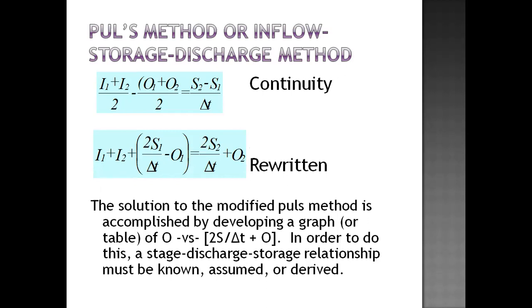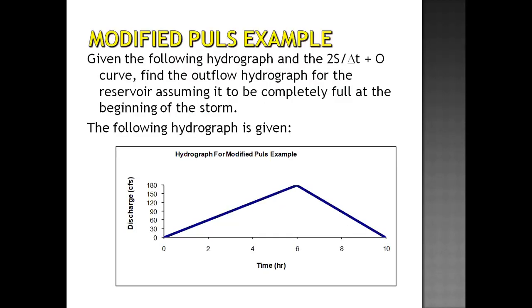The solution to the modified pulse method is accomplished by developing a graph or a table of O versus 2S/Δt + O. In order to do this, a stage-discharge-storage relationship must be known, assumed or derived. Modified pulse example.